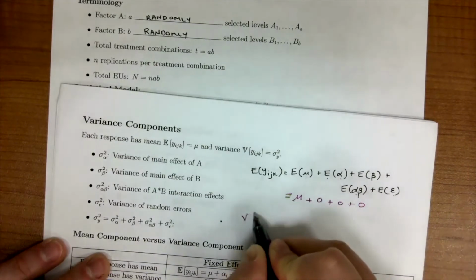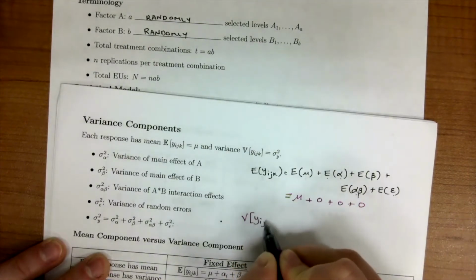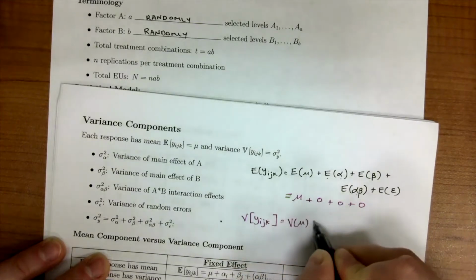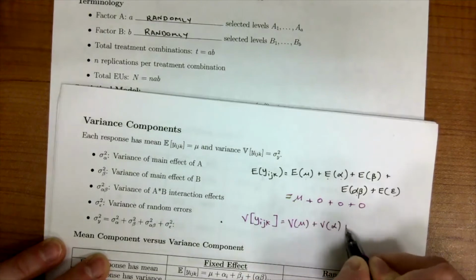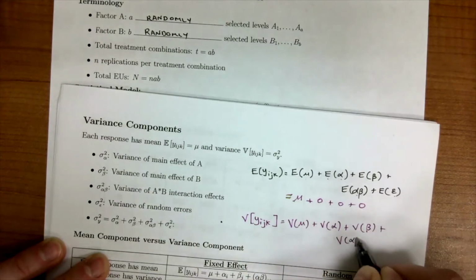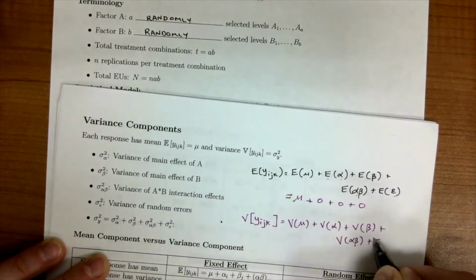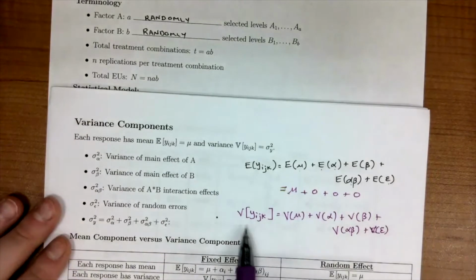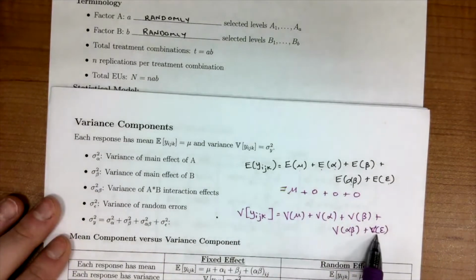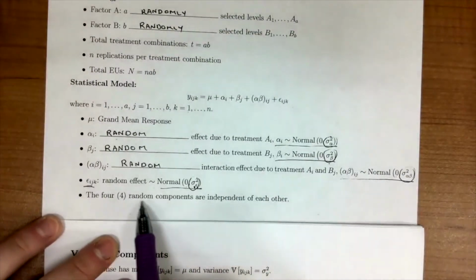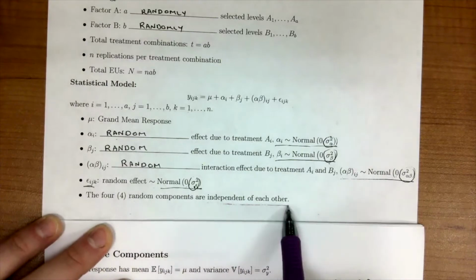For our variance term, y_ijk, similar idea: the variance of mu plus the variance of alpha, variance of beta, plus the variance of alpha beta, plus the variance of epsilon. Now, the reason I can write the variance term like this and not have an extra term of the covariance is because we're assuming that all four of the random components are independent of each other.